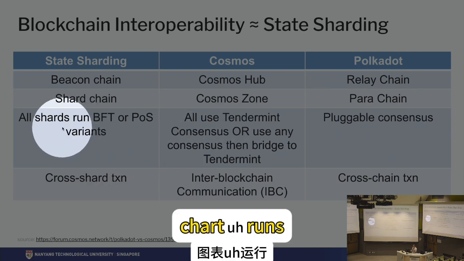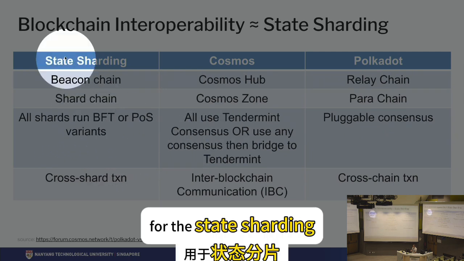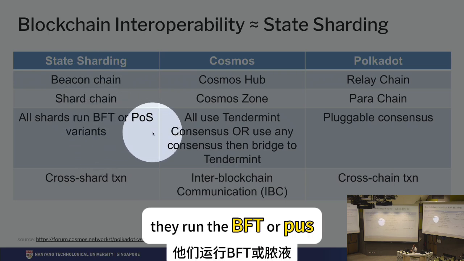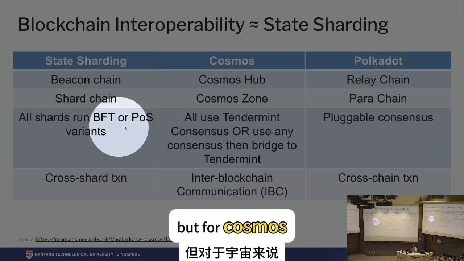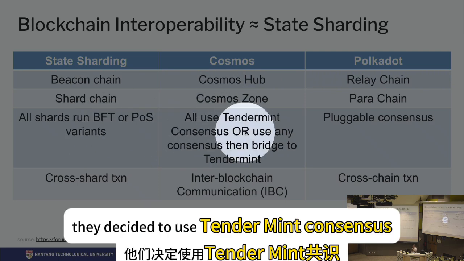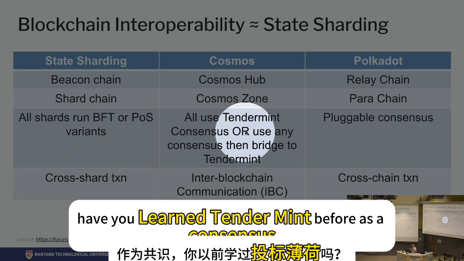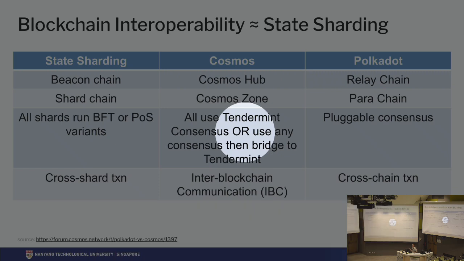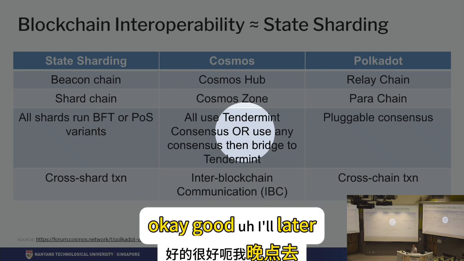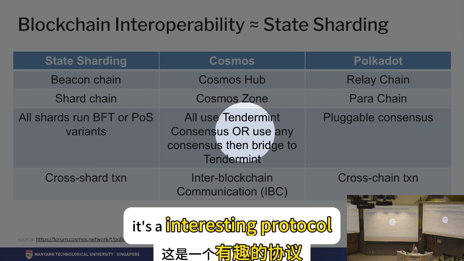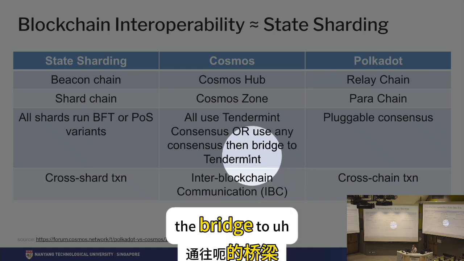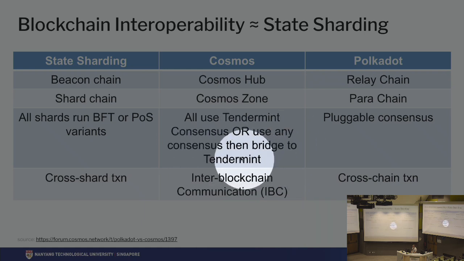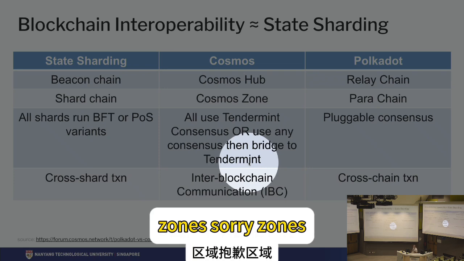All the shards for state sharding run BFT or PoS. Different protocols have different consensus, but Cosmos decided to use Tendermint consensus. Have you learned Tendermint before as a consensus? Okay, good. I'll talk about this briefly later on. It's an interesting protocol. Then they bridge to different parachains or zones.